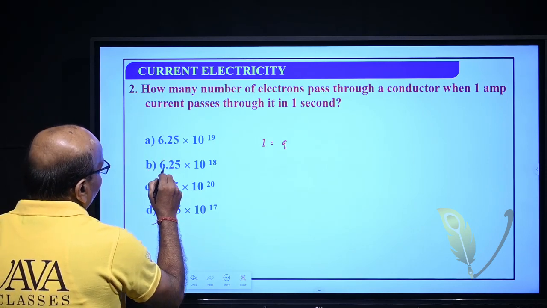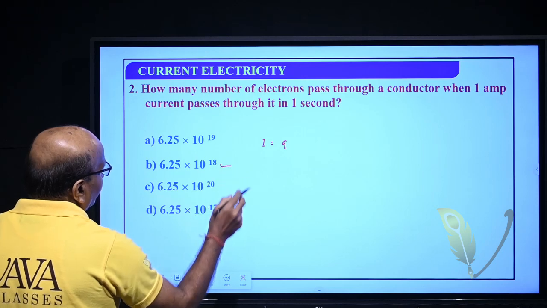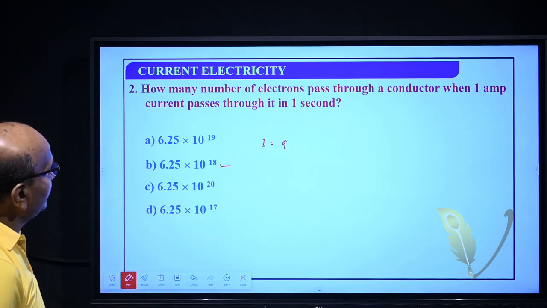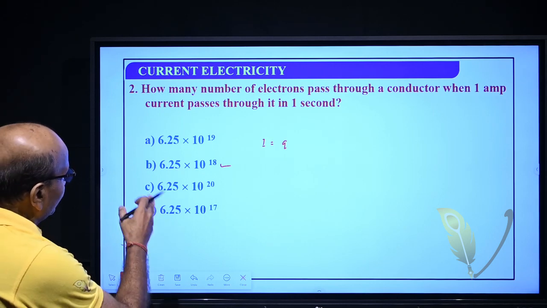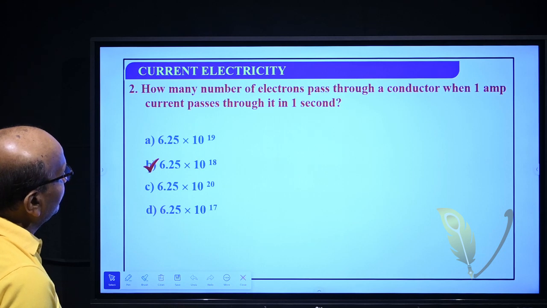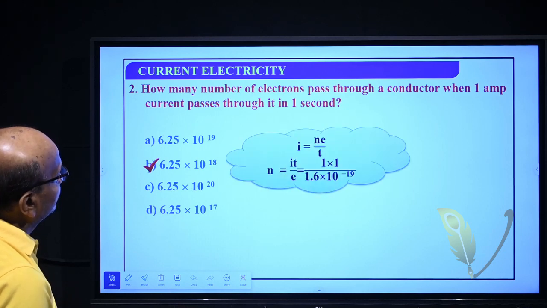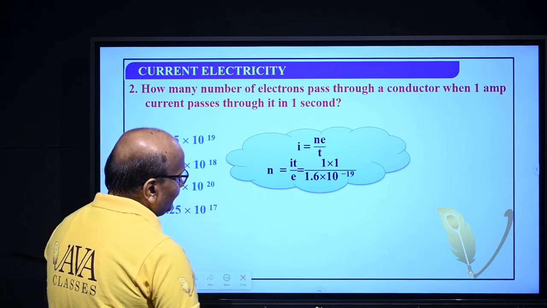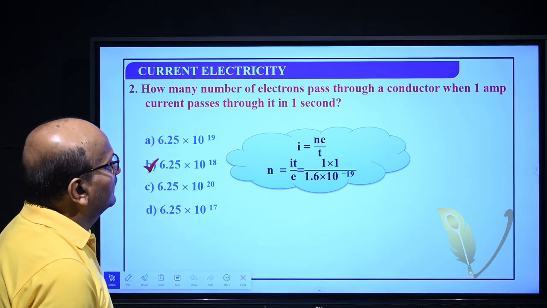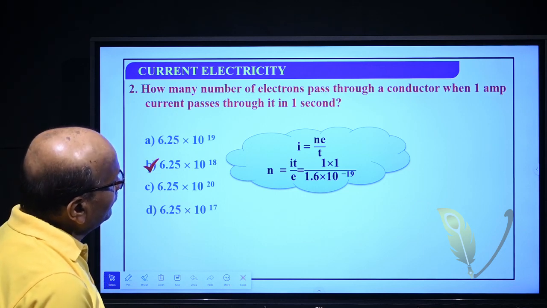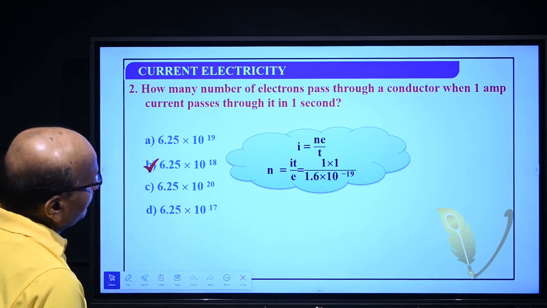It is about 6.25 into 10 to the power 18 electrons. So the correct answer is 6.25 into 10 to the power 18 electrons. These are the calculations we already did: I is equal to Ne by t, N is equal to It by e, 1 into 1 by 1.6 into 10 to the power minus 19.